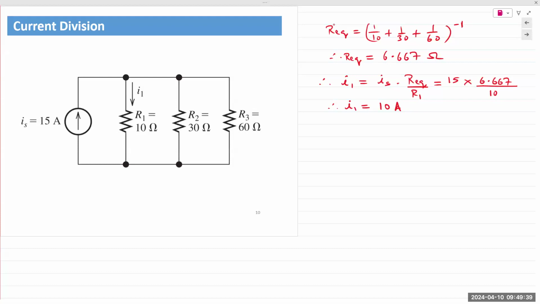Current for R3, I3 would be 1:6, or 6:1, 3:1. Okay, I'll leave you to practice I2 and I3.